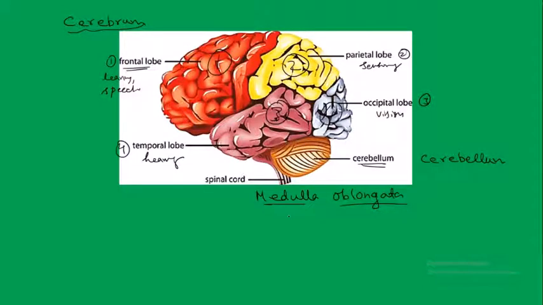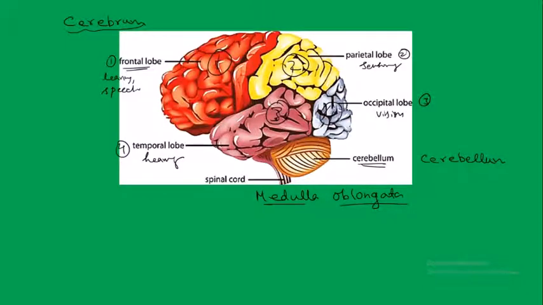The medulla oblongata is the lowermost part of the brain and connects the brain to the spinal cord. The arrangement of the gray and white matter is reversed in the medulla oblongata and the spinal cord, with white matter outside and gray matter inside. We will see the structure of the spinal cord, where the gray matter is inside and white matter is on the outer side.